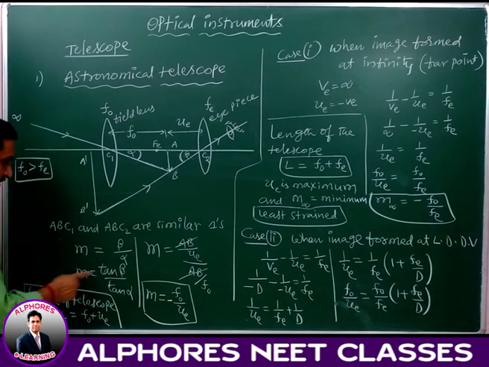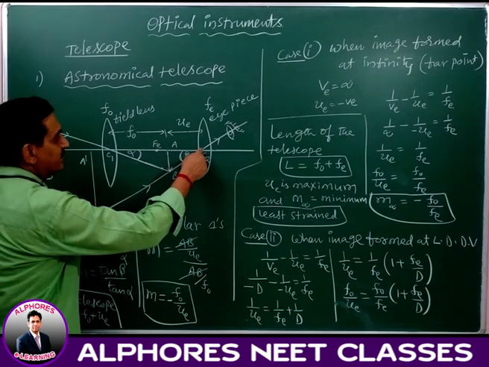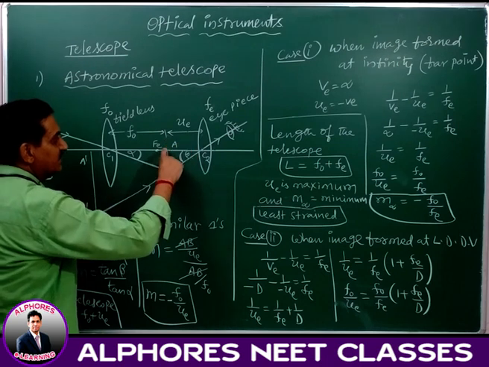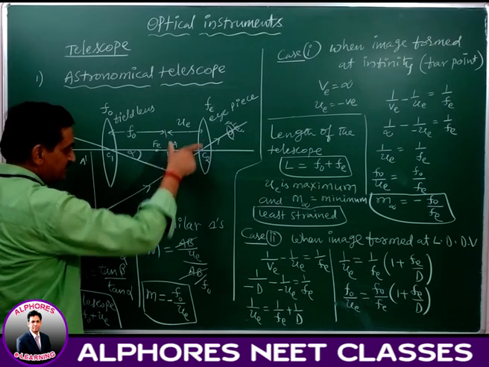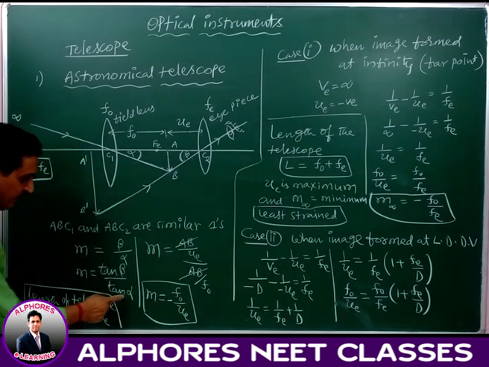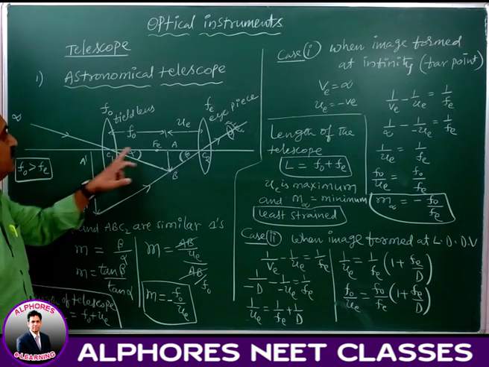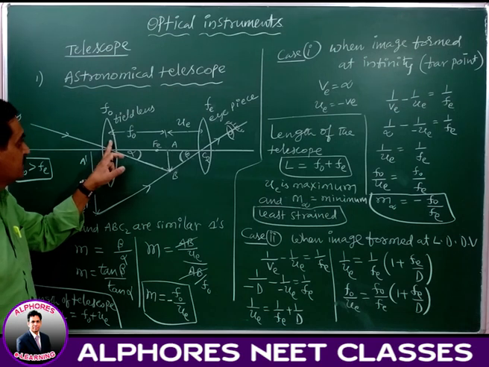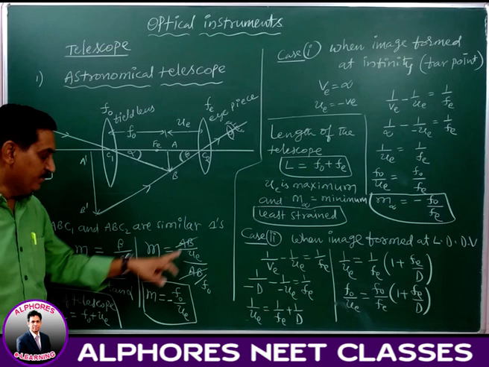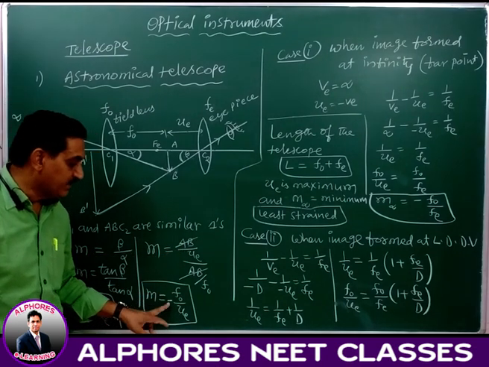Right? So here tan beta is equal to, see here, beta, tan beta is the opposite side AB by UE, that is the distance of this object from the eyepiece. Now AB by UE. Next, tan alpha. Tan alpha is the opposite side AB by the adjacent side F naught, AB by F naught. Now AB gets cancelled, and you get m is equal to F naught by UE, but with a negative sign.